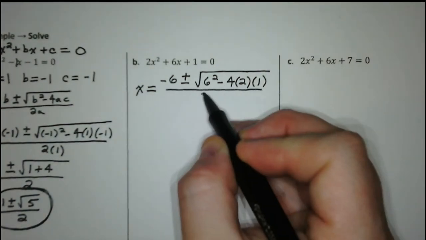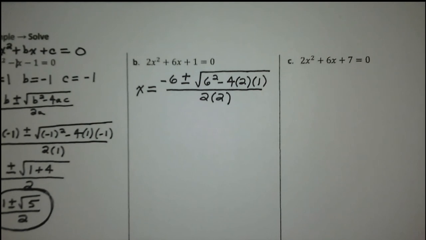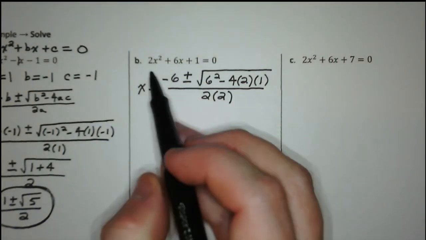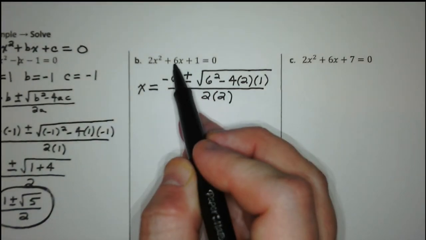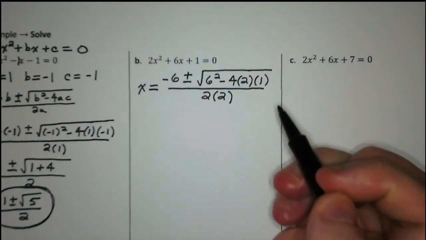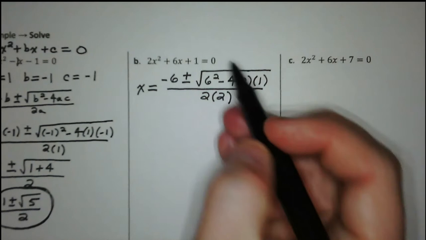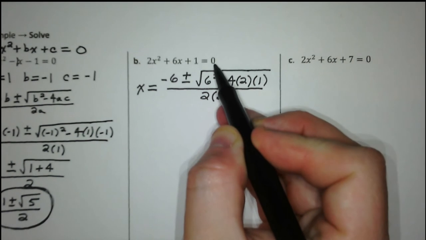All over 2 times a. All right? So a is 2, b is 6, positive 6 that is, and c is positive 1. Okay? Remember, it's got to be equal to 0.